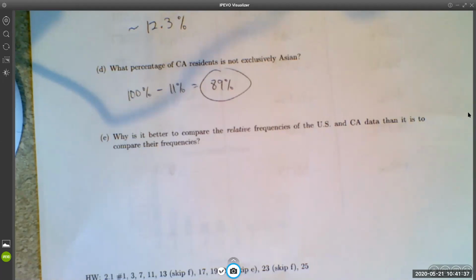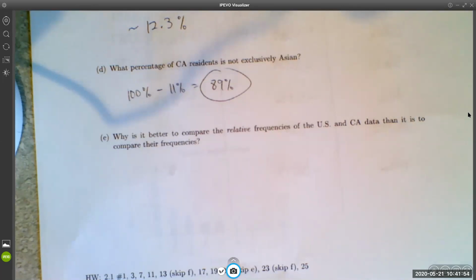So that really wouldn't teach you anything. It's like, well, that's obvious. I mean, California is part of the United States. So anybody who lives in California lives in the United States. And so obviously the United States is going to have more people in each category, right? It's just not going to give you any good information.